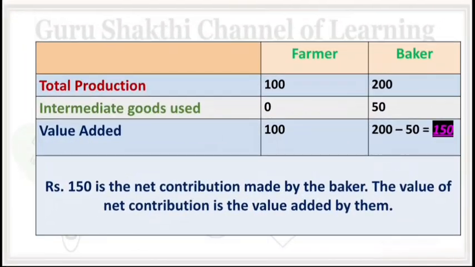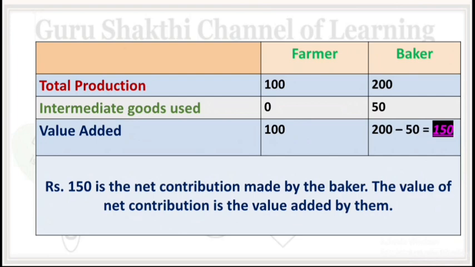The table illustrates the same. Rupees 150 is the net contribution or the value added by the bakers. To the bakers, wheat is an intermediate good that helps them to enhance their final good, bread, which they are willing to sell.